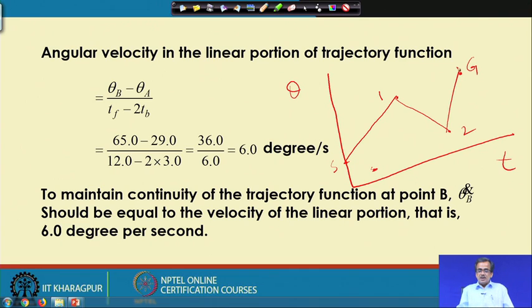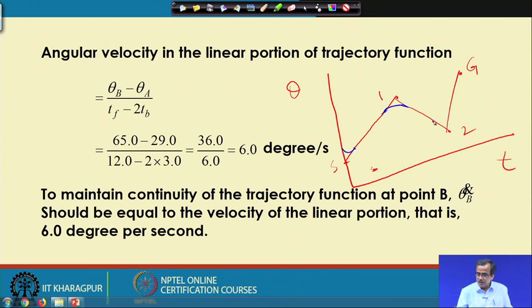But as I told you, pure linear is not possible, and that is why I will have to put some parabolic blend. For example, here I can put one parabolic blend up to this, and here I can put one parabolic blend up to this. So, this type of parabolic blend.